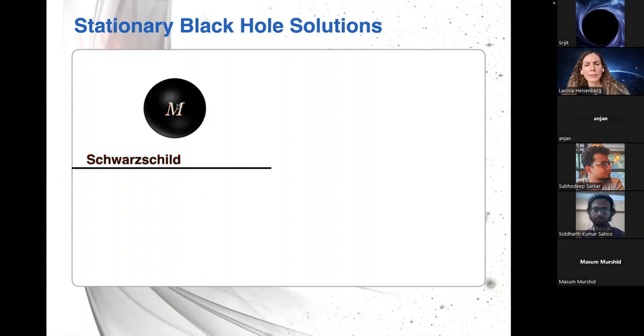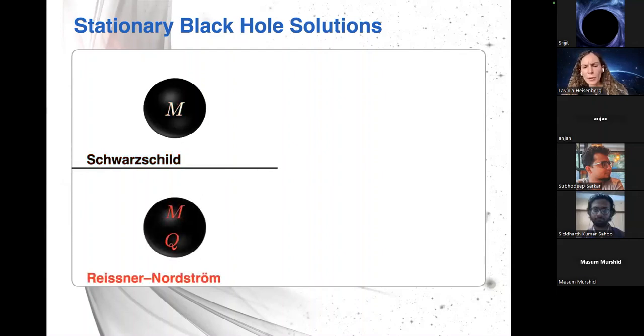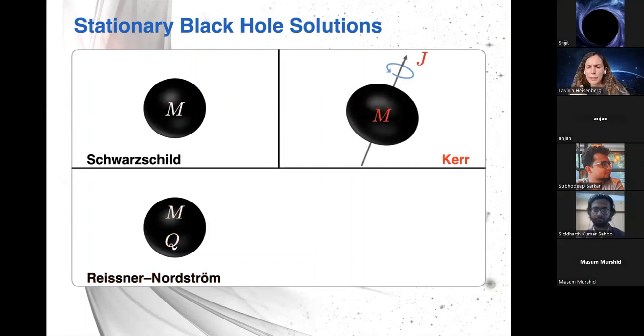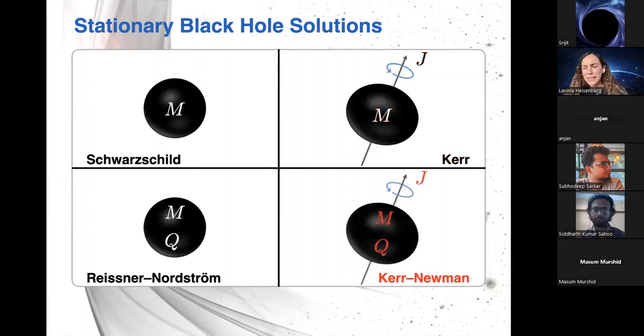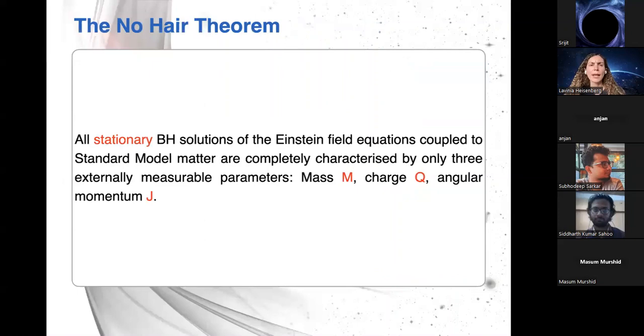You can have the Reissner-Nordstrom solution, if this black hole is also charged, then you have the associated charge. Then you can have a rotating solution: if it also has angular momentum, this is the Kerr solution. And it can also have all of them at the same time, so it can be charged and rotating. Then you have the Kerr-Newman solution.